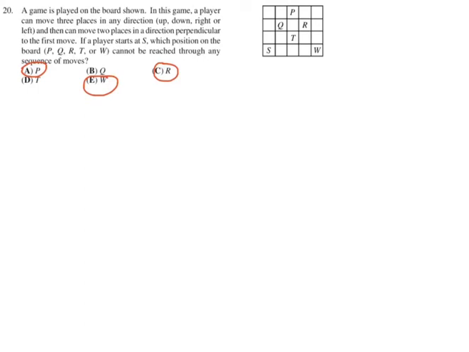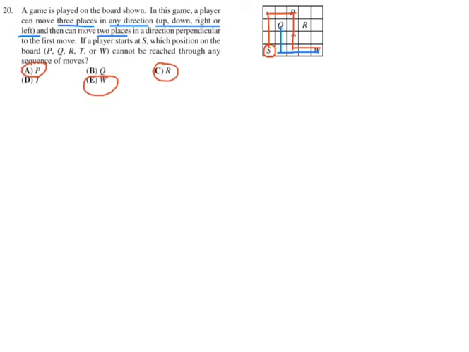So let's start at S again. Move up 3, move to the right 2, move down 3, move to the right 2, and then now I am allowed to go 3 places in any direction, up, down, right, or left. So I'll go 3 left, and then finally 2 places upward.